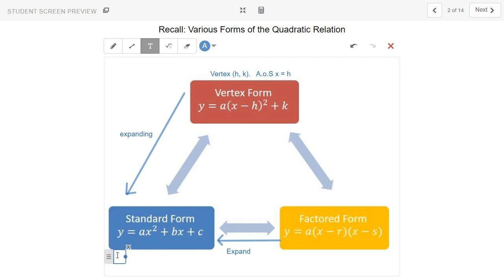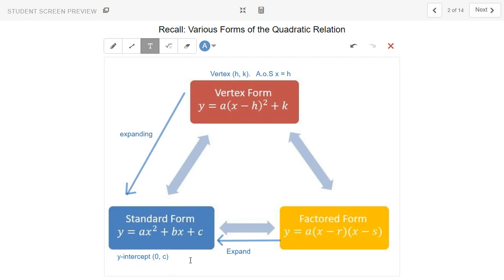First of all, the c will give me the y-intercept right away. We know that the y-intercept always has an x-coordinate of 0, and c is the y-intercept.